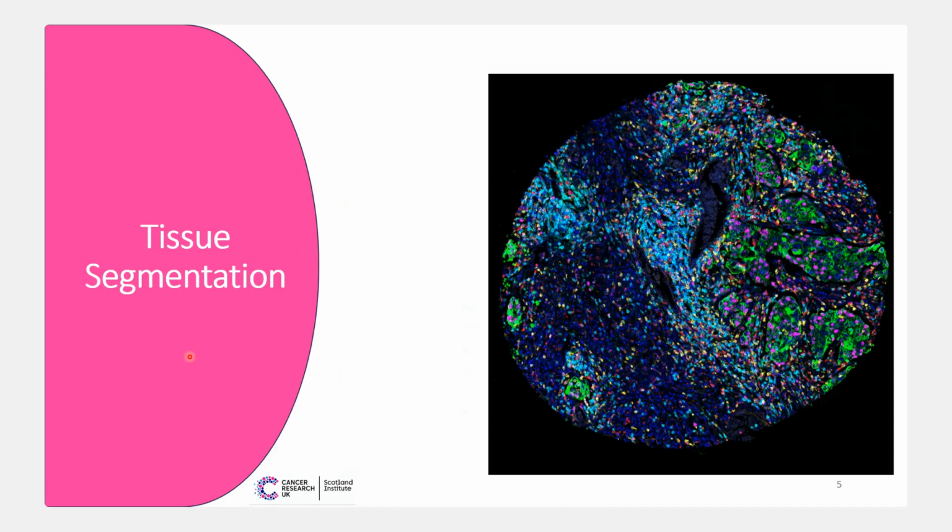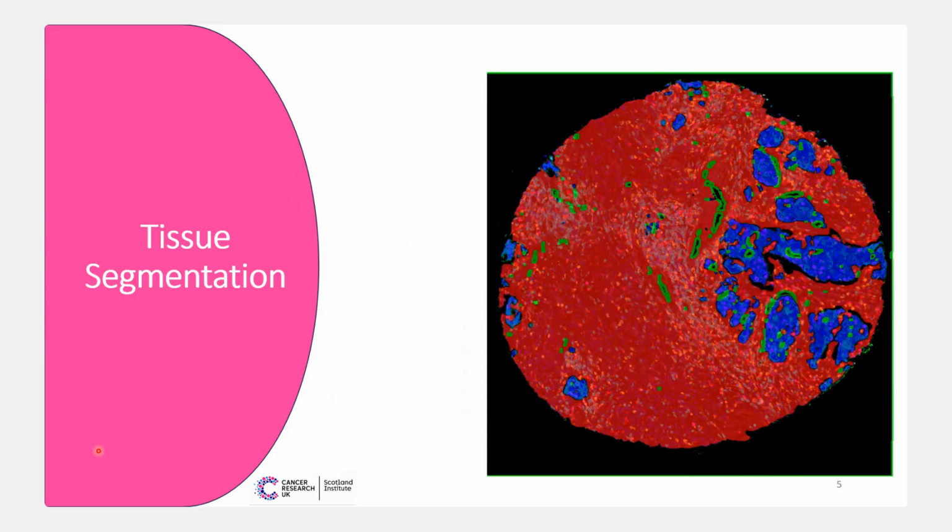And on the right hand side here, this is a core that's been stained with our immune panel, and it's of lung adenocarcinoma. And we use Visiopharm, again, the U-Net, to segment all of our images into background, which you can see outlined in green, tumour, which you can see in blue here, and red, which is stroma. And we also segment necrosis as well, but it's just not shown in this core.